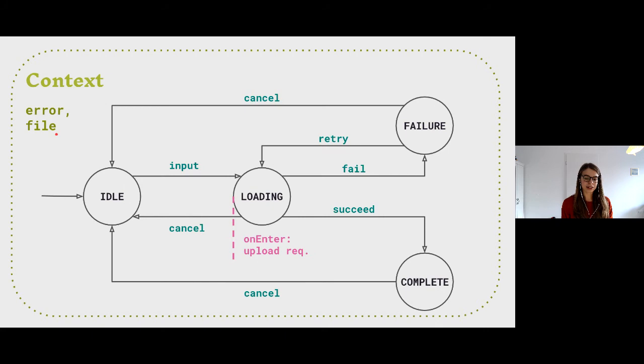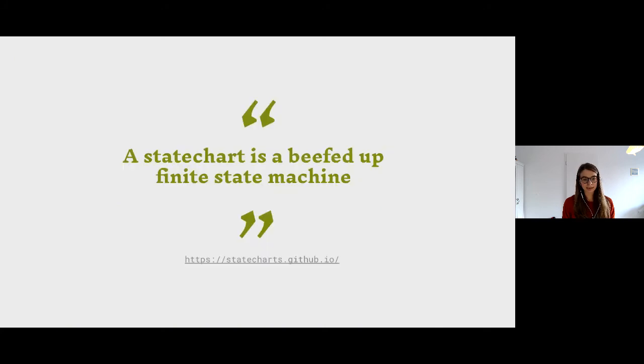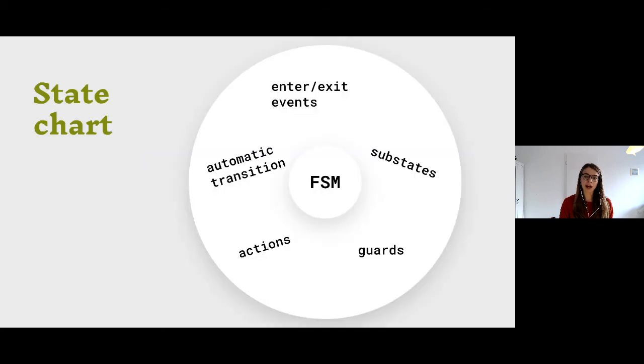However, as you see, this is not a finite state machine anymore. It's much more complex. And in the front-end world, there is something called state chart, which is a beefed up finite state machine. And it is beefed up with different features like enter-exit events, automatic transitions, substates, actions.